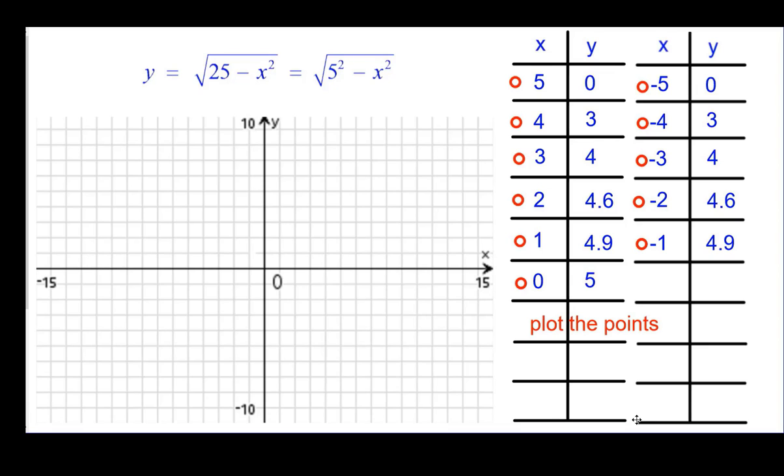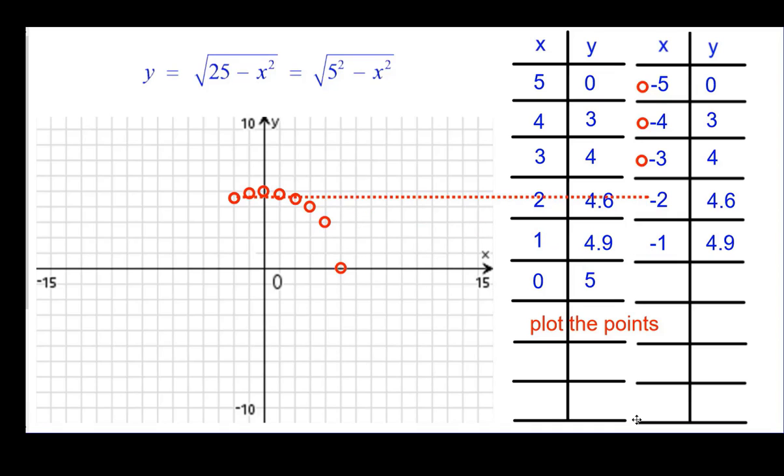So we're going to go ahead and plot these points, going from right to left this time: 5, 0; 4, 3; 3, 4; and then with the decimals, 2, 4.6; 1, almost 5, 4.9; and then the y-intercept at 0, 5. At negative 1, again, we're at the 4.9.